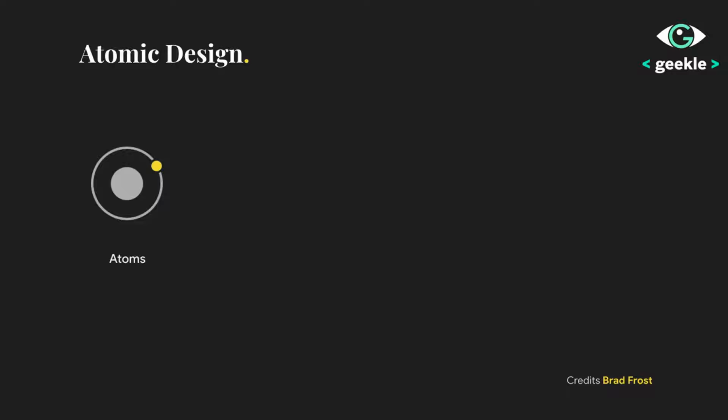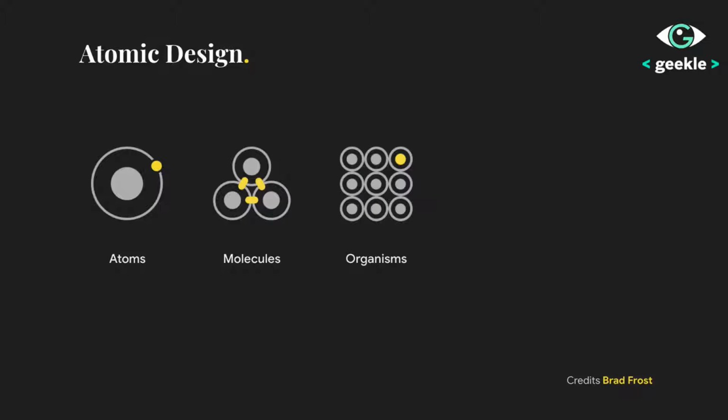He defines atoms as the smallest entity you can find on a particular screen, and then you can combine these atoms to make molecules. Molecules are multiple combinations and variations of atoms which you have already created.